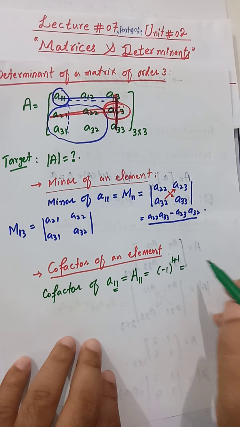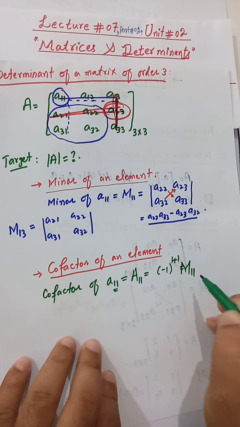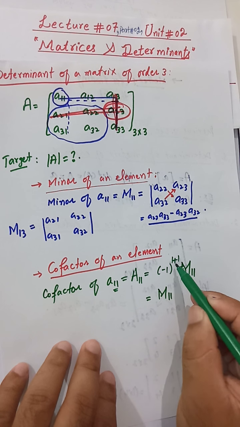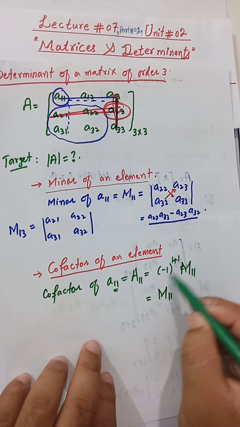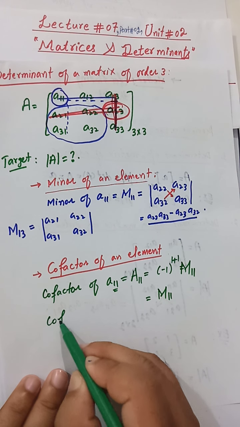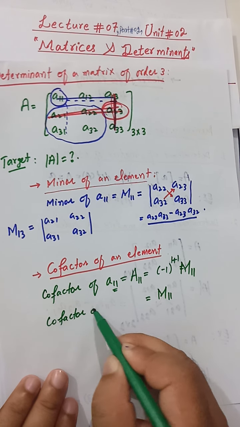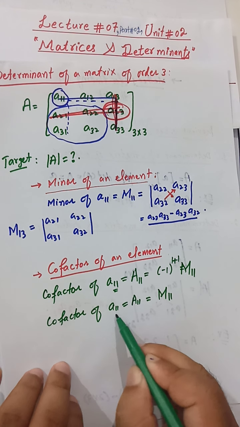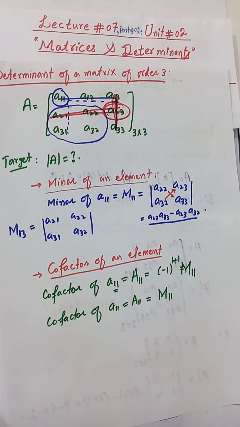This will be equal to M11, because minus 1 power 2 has an even power, so you will get plus 1. So remember, when the addition of the subscripts is even, the cofactor will be equal to the minor.